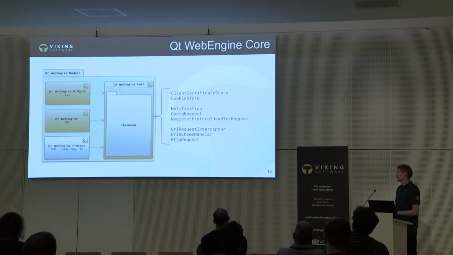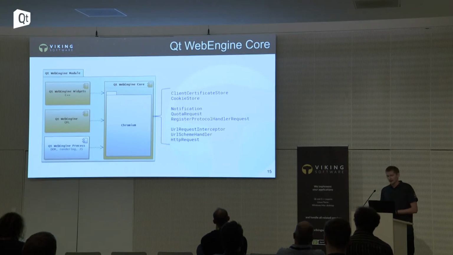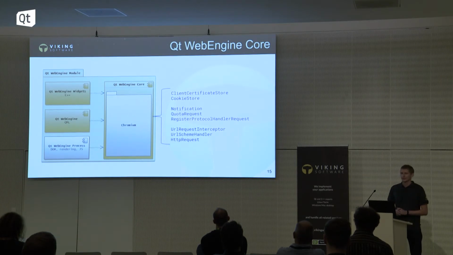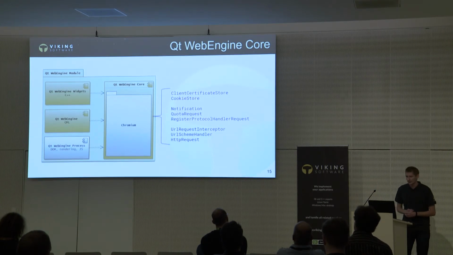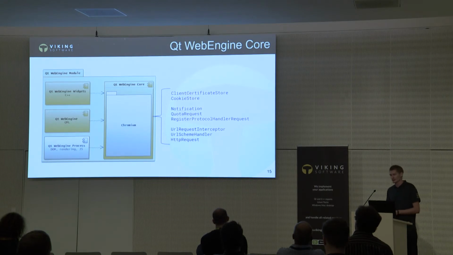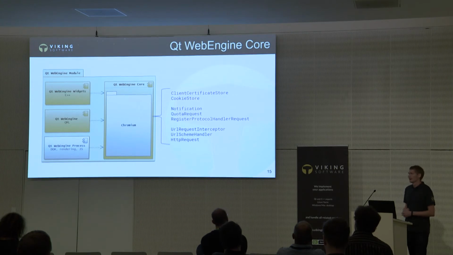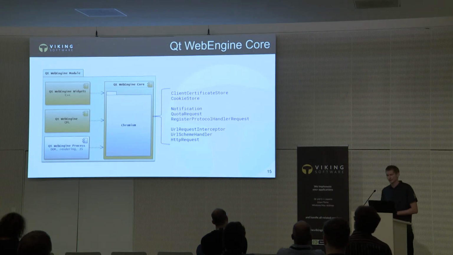Client certificate store is a thing used to help you manage client certificates, because by default, Chromium uses configuration from the operating system, and there is no way to operate with this from Qt. And this in-memory client store is a way to configure your application. Cookie store is a thing that can be used to synchronize cookies between Chromium and the Qt Network Access Manager, if you need this for any reason.